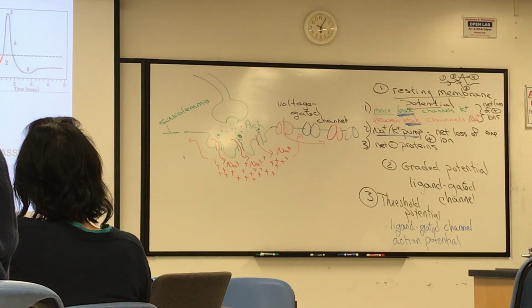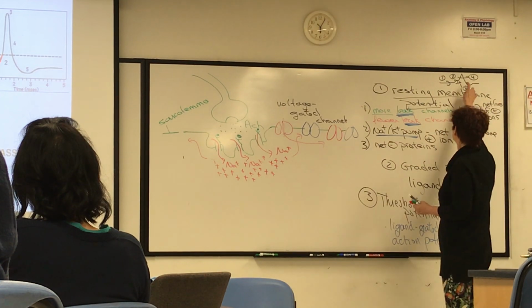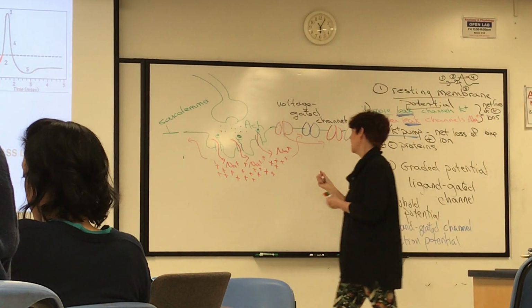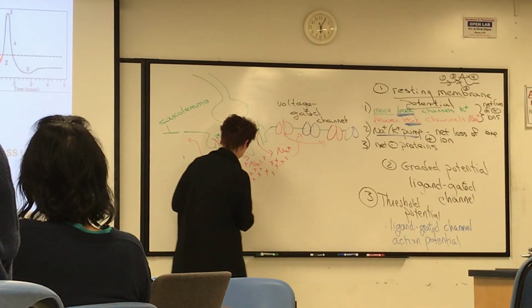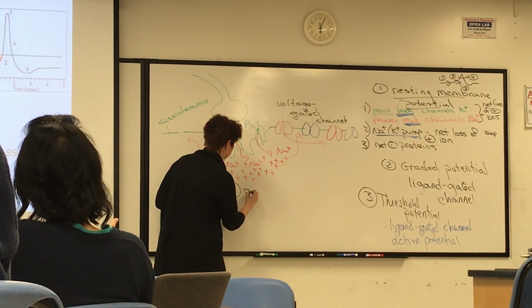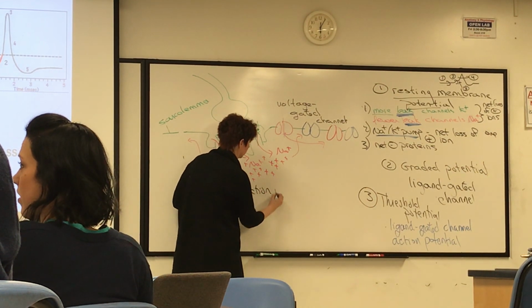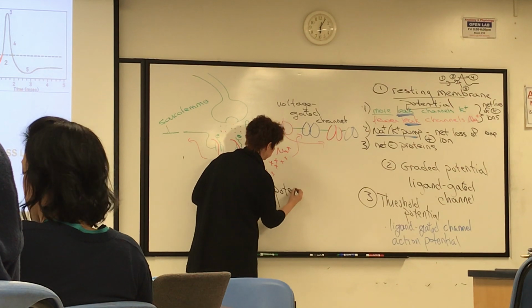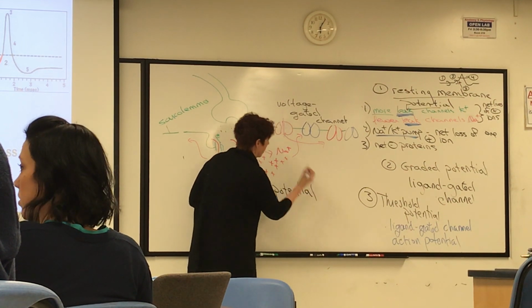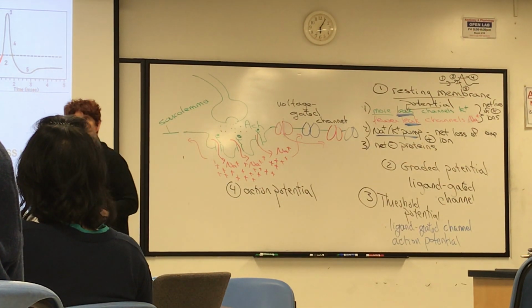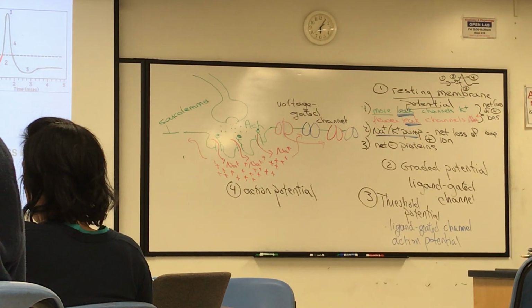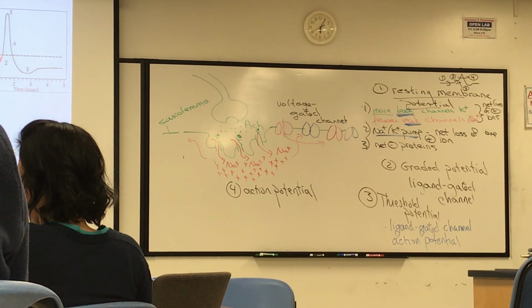Which brings us to our fourth potential that we wrote on the board earlier, and that is the action potential. So what kind of channel is going to create an action potential then? Voltage-gated, okay?